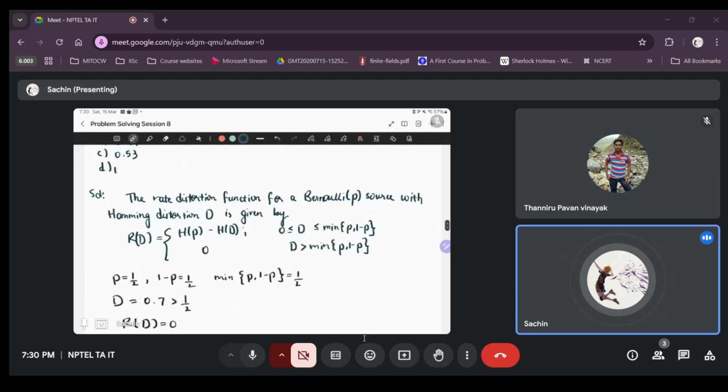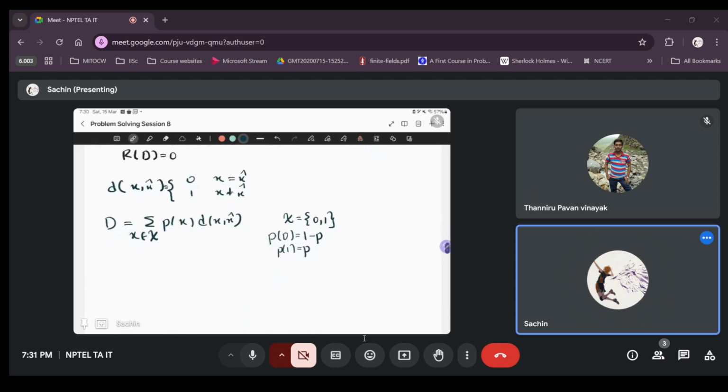I was getting confused with the binary symmetric channel. But it's the Bernoulli source with the probability of emitting a 1 equal to p and probability of emitting a 0, 1 minus p.